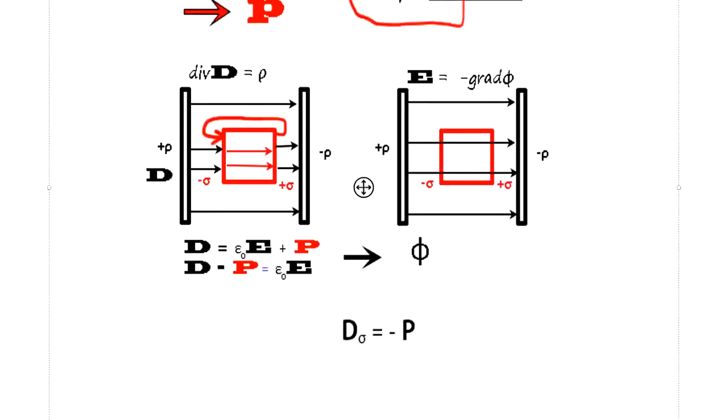okay, we go back and take a look again at this divergence of D equals law. What does this mean? This is only true for the true charge. Why is that? Okay, so we have a P, but we have a flux generated by surface charge, and as you see, this is looping.